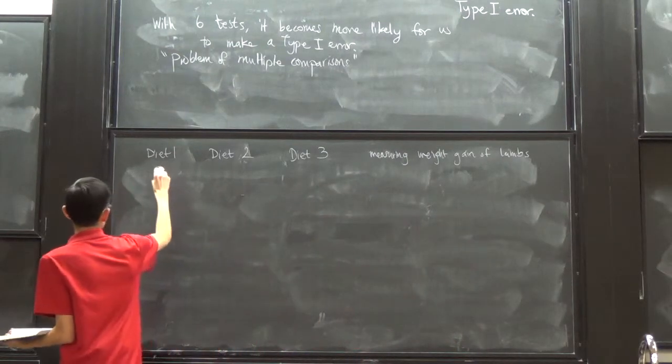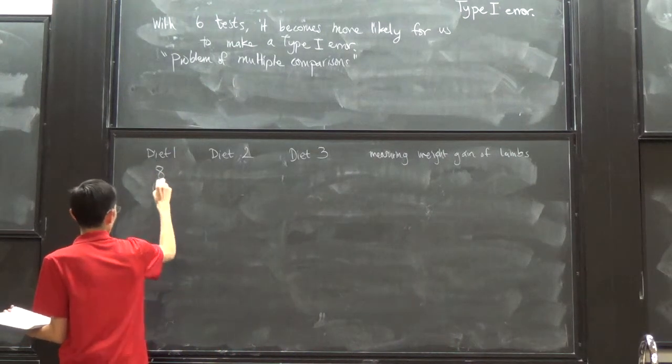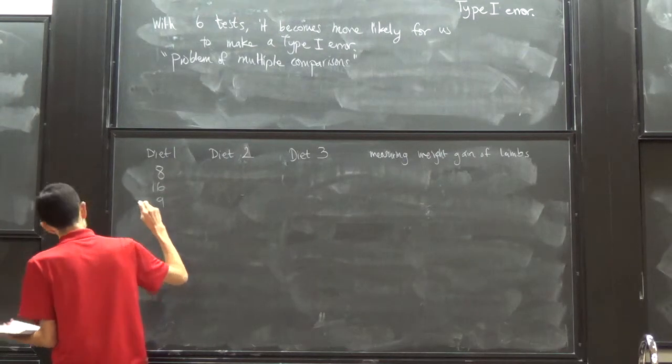So under diet 1, we only had 3 lambs, and this is the amount of weight they gained.